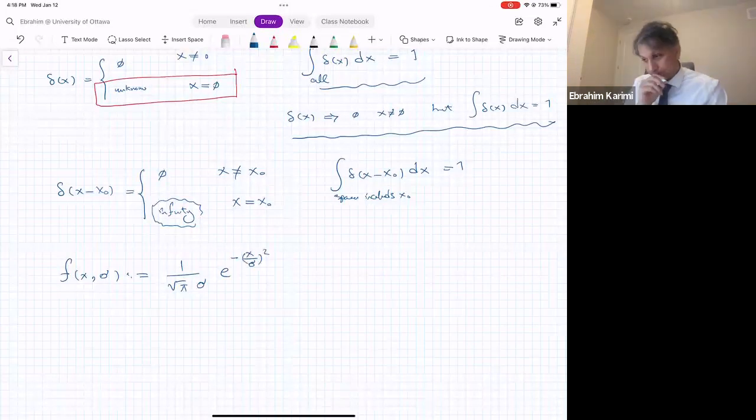Let's consider this function, assuming that sigma is positive, by the way, for simplicity.